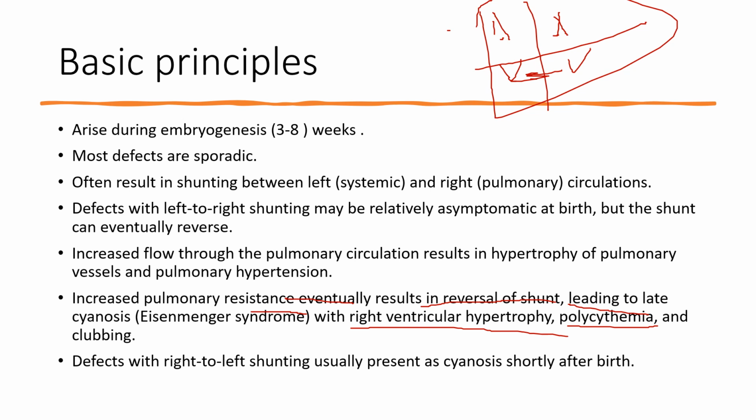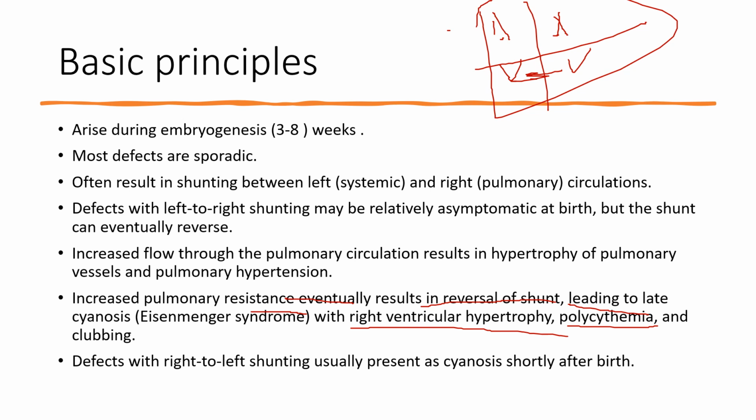So it will cause the kidneys to produce erythropoietin. EPO will stimulate the bone marrow to produce more RBCs, as the blood is not sufficient to perfuse the bone marrow, and it will cause the polycythemia.